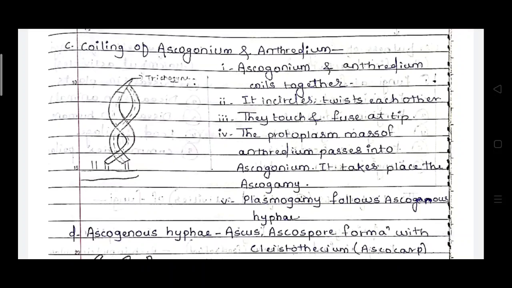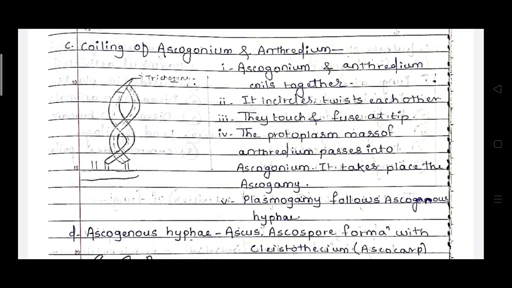So here, after the coiling, the female and male sex organs are coiled around each other, touch and fuse at the tip, and the protoplasm of the male organ, the antheridium, passes into the ascogonium.